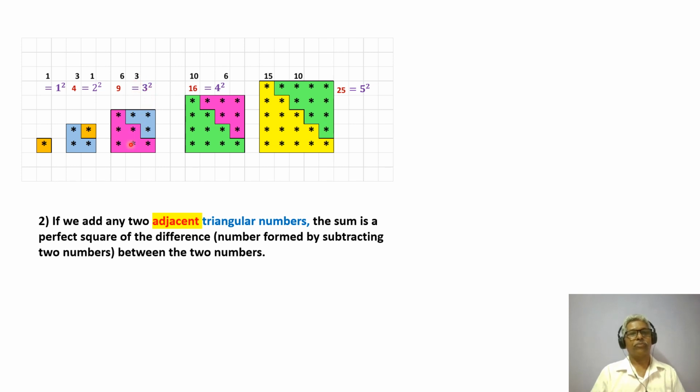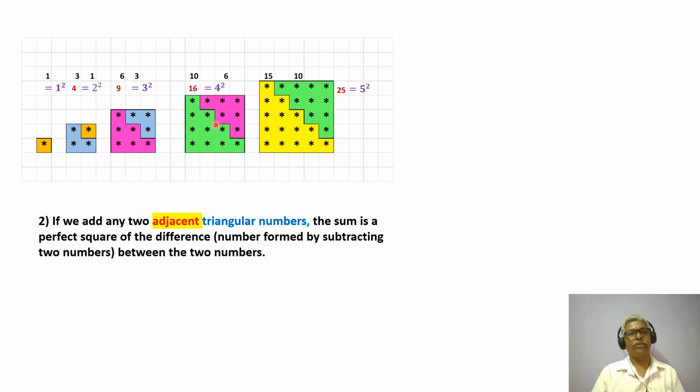So if I add any two adjacent triangular numbers, the sum is the perfect square of the difference, 6 minus 3 even here. The difference is the number formed by subtracting two numbers.